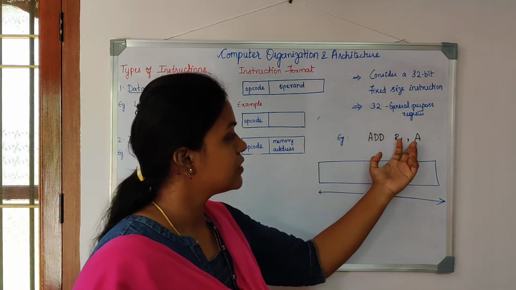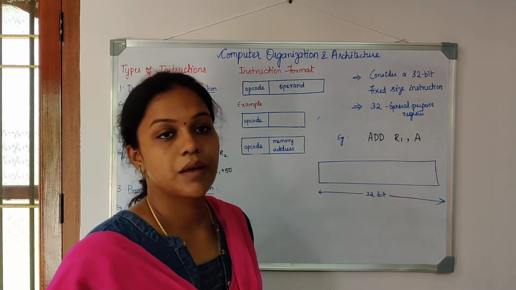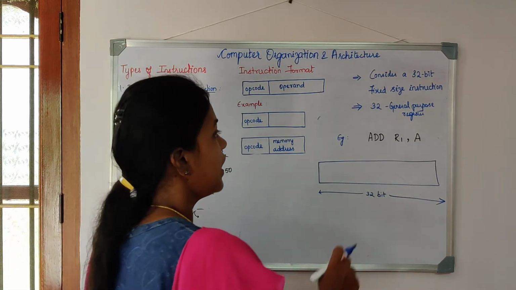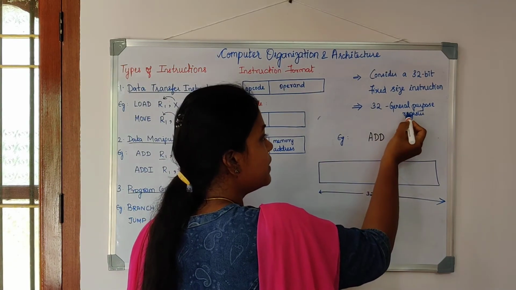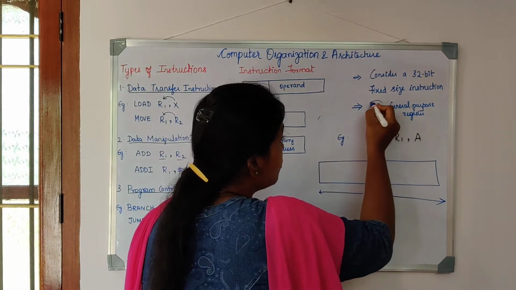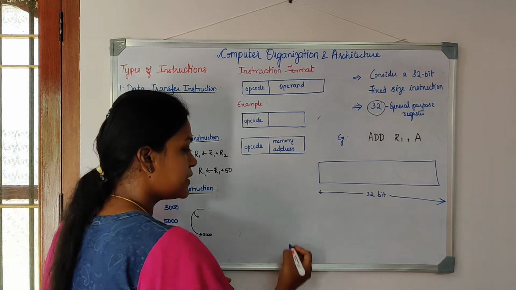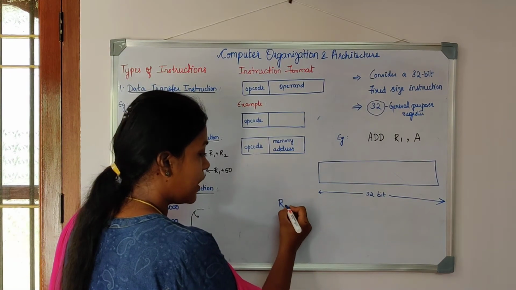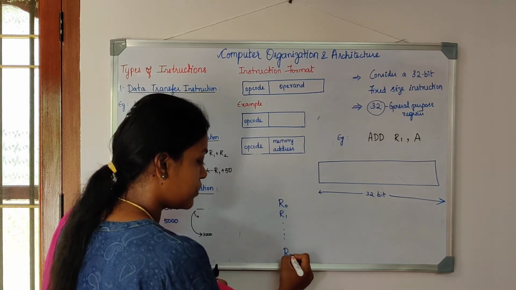If you see, this is a 2 address instruction. One of the addresses is a register, the other one is the memory location in memory, and there is one more piece of information given. It is a 32-bit general purpose register. So there are a total of 32 general purpose registers available, R0, R1 to R31.